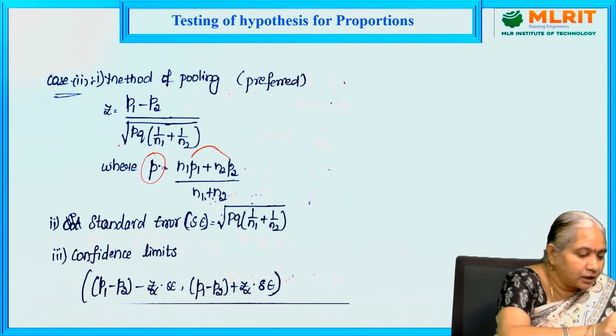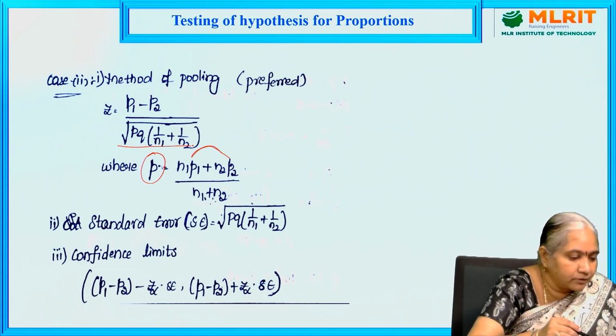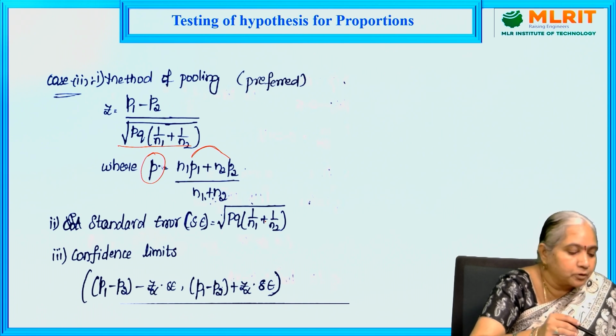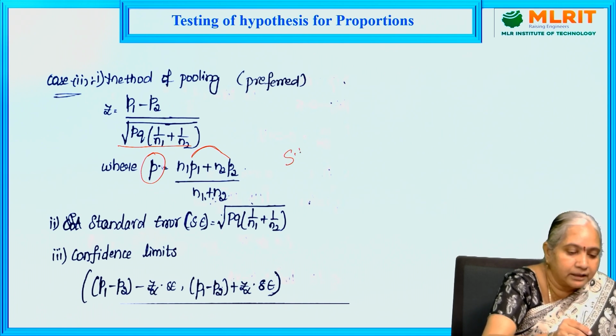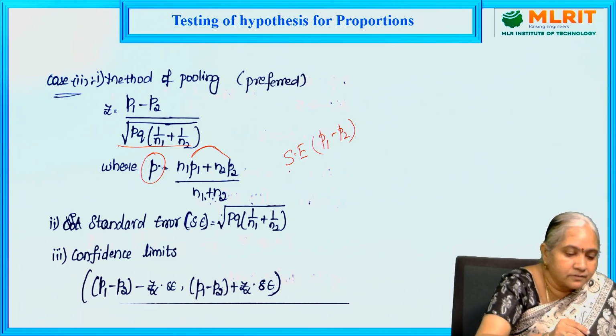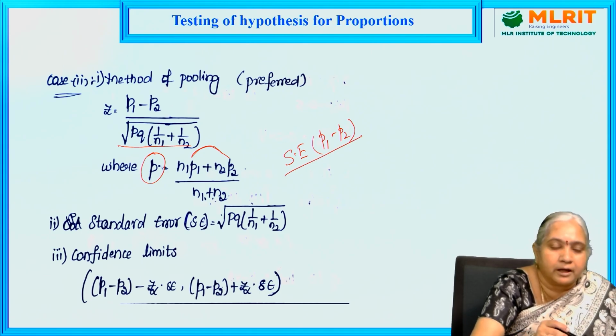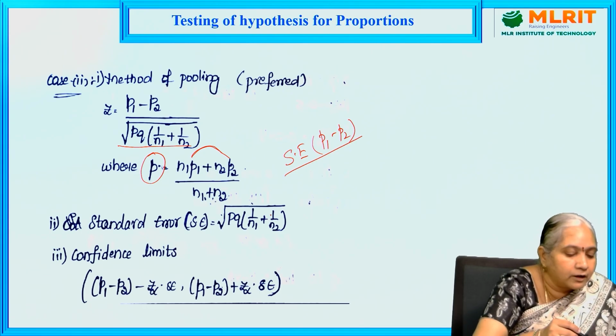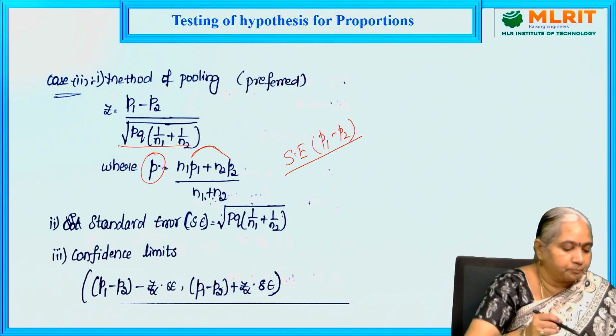The square root of pq into 1 by n1 plus 1 by n2 is the standard error of the difference of sample proportions, denoted by SE of p1 minus p2.